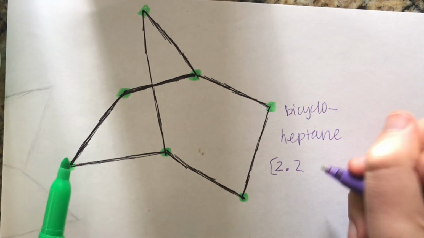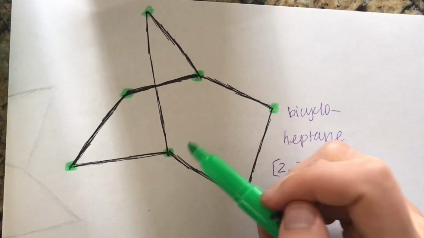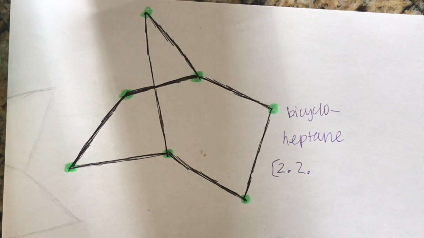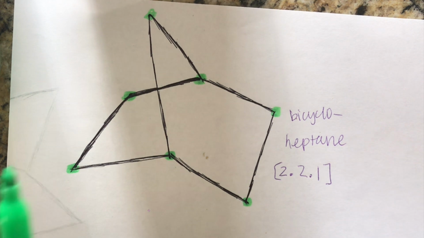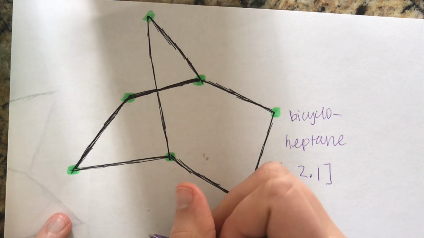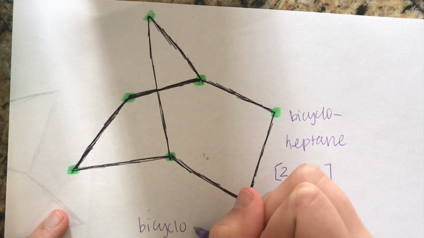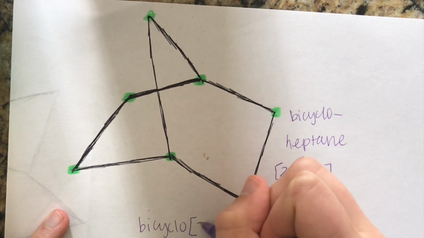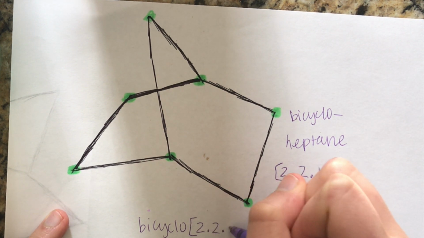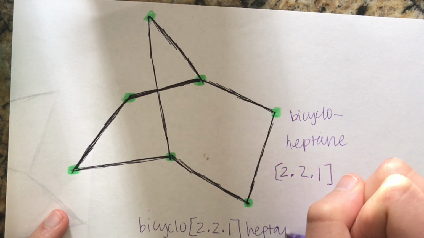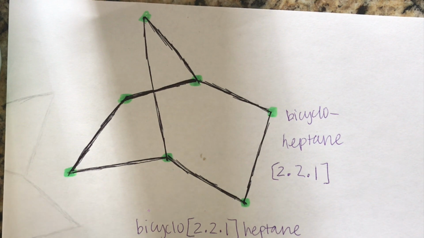And finally, we will do from here to here, and that's only 1. So the last number is a 1. And then to order those, you do bicyclo, open bracket, 2.2.1 heptane. And that is how you name a bridgehead carbon.